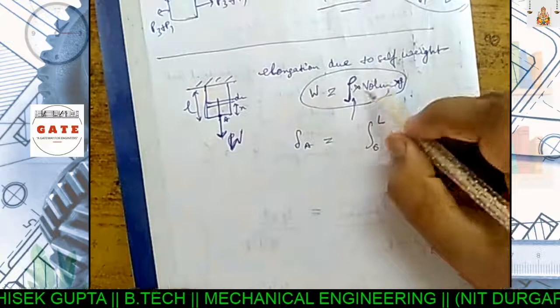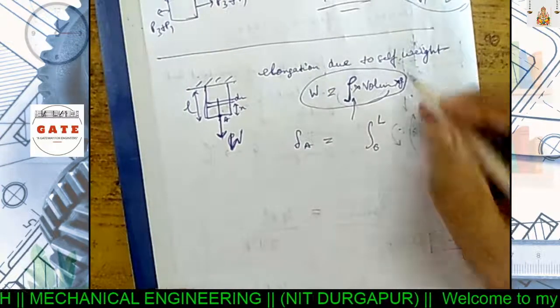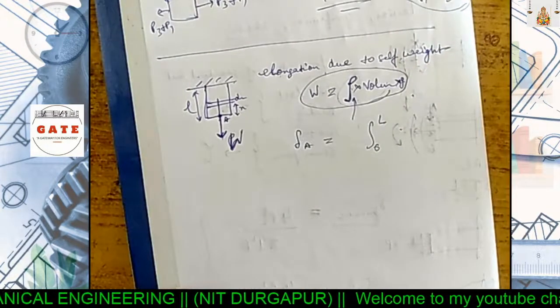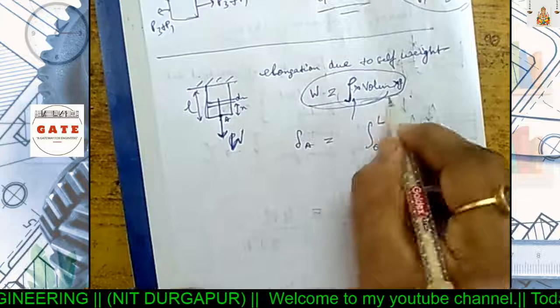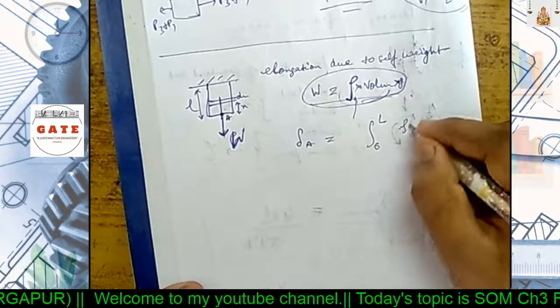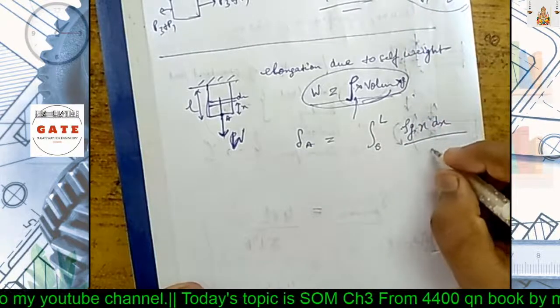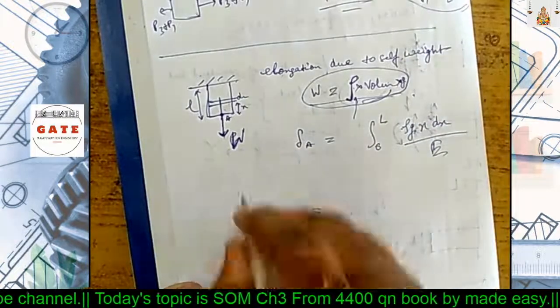Okay, density into volume will give the mass, and into g, this will give the weight. So integration 0 to L rho g x dx upon E. How do we get this?